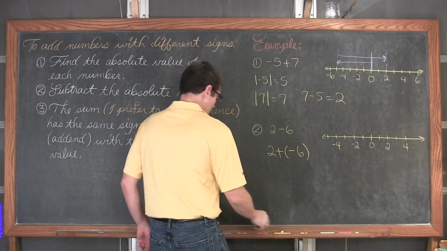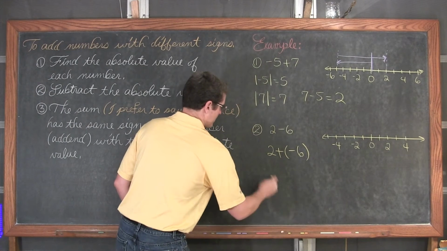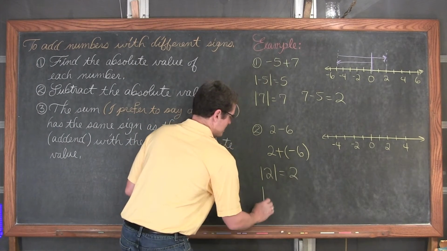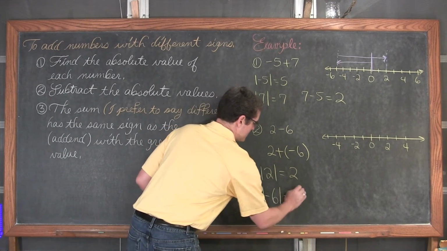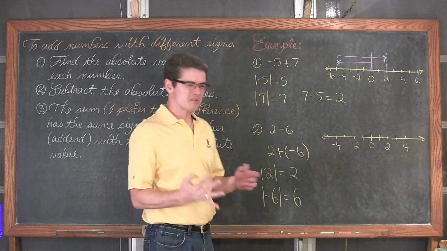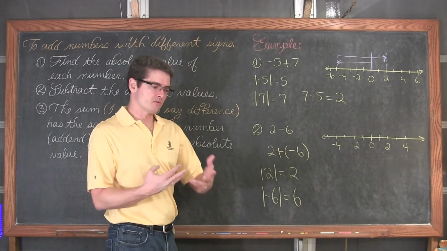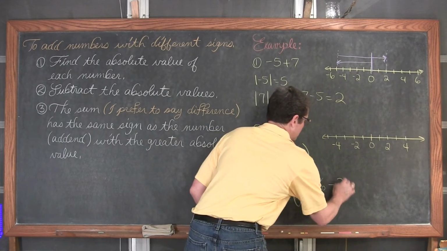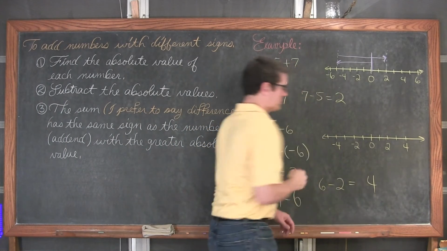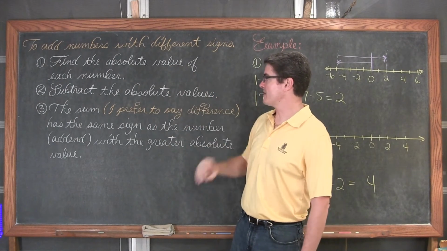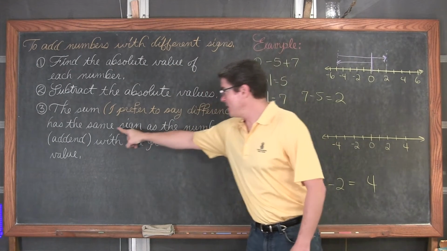So the absolute value of 2 is equal to 2, and the absolute value of -6 is equal to positive 6. Subtract those numbers, and I'm going to subtract in a way that gives a temporarily positive answer. So 6 minus 2 is equal to 4.